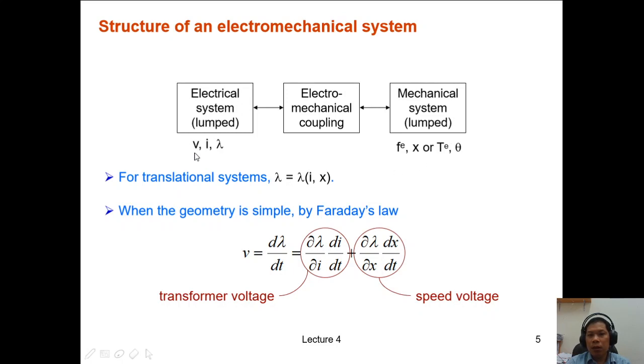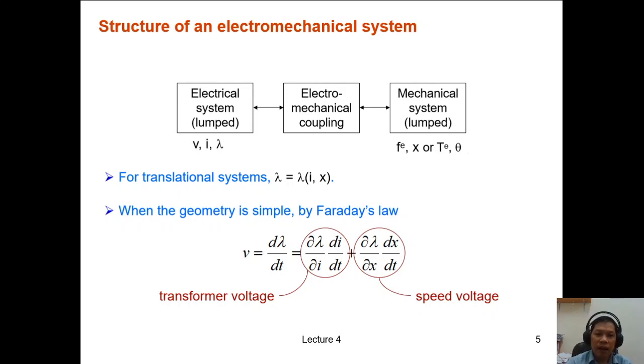On the electrical side we have variables voltage, current, and flux linkage. On the mechanical system we will have the force and the displacement, or the torque and the rotational angle. They come together, they come in pairs.